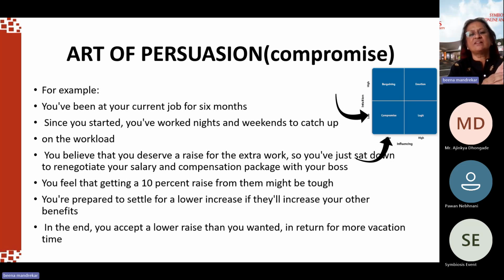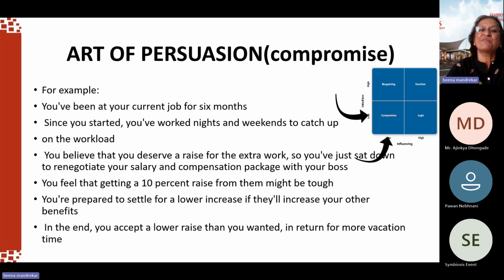So you say, now I want to renegotiate my salary. And you feel that getting a 10% raise from them might be tough. So you compromise.